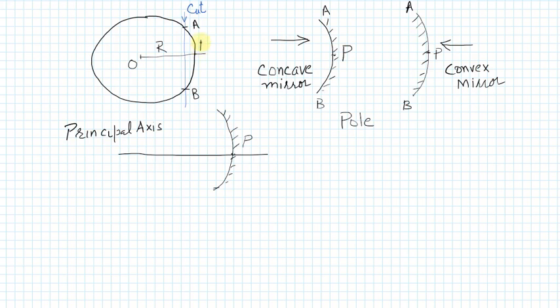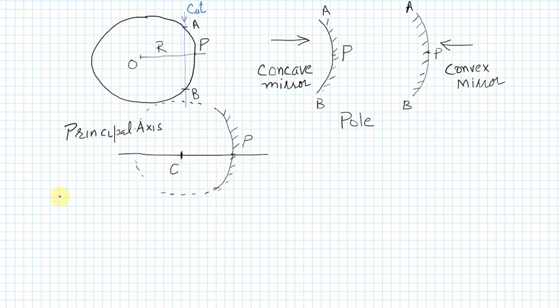So P, and this is point O, and this is radius R. So here this point O is actually the center of curvature, which we generally call C. This point O is our C here. It means if you assume the complete sphere, this is the supposed center of this whole sphere, right?